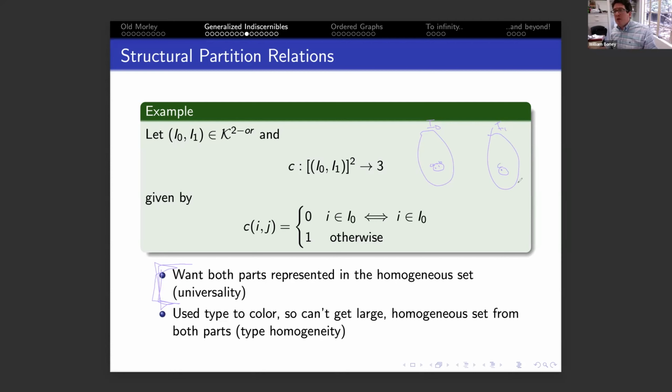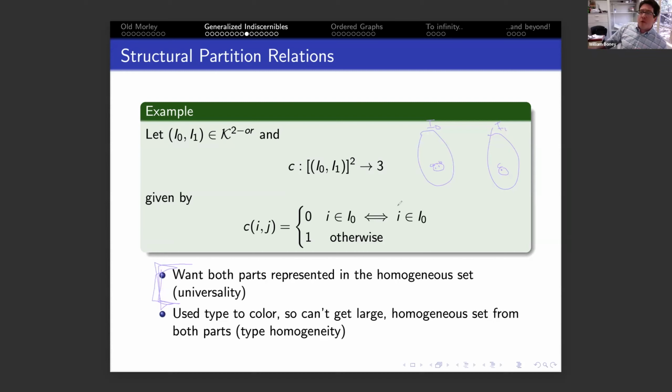I've already got both colors represented, because A and B are in the same part, so they get color 0. A and C are in different parts, so they get color 1. So I can't get true homogeneity.